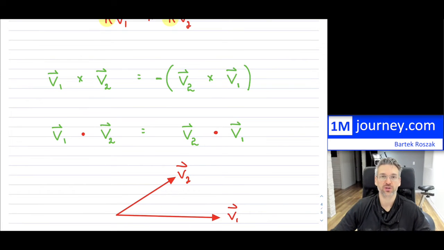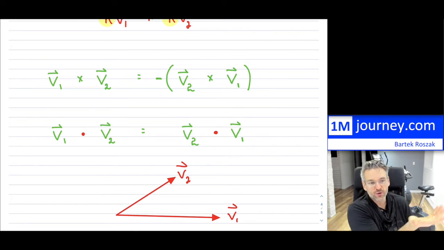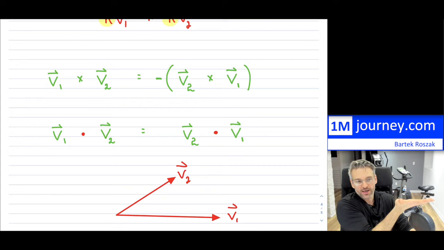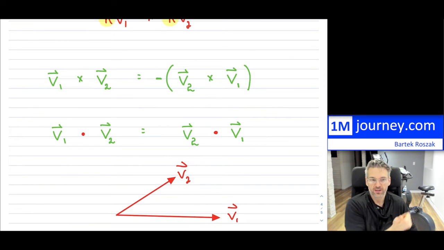If you use your right-hand rule, it's going to come out of the paper, out of the screen, because you're going from V1 onto V2. So that's counterclockwise. Now, that is the vector that you're looking for.